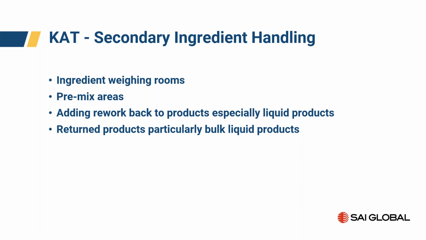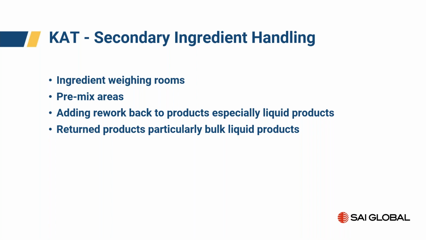Where do you pre-mix things? And how accessible is that to somebody who is an attacker who would want to add something deliberately to the product in order to contaminate a lot of product and to get people sick and possibly kill them?